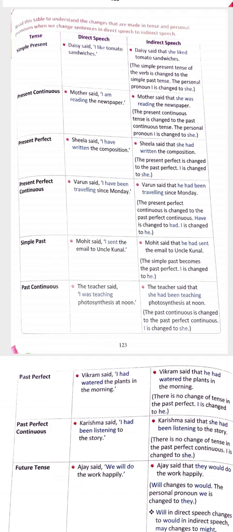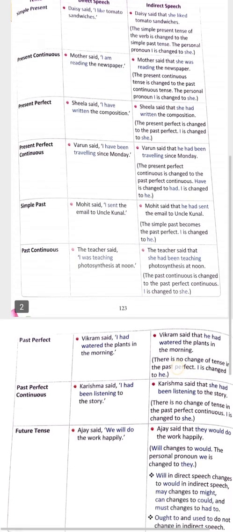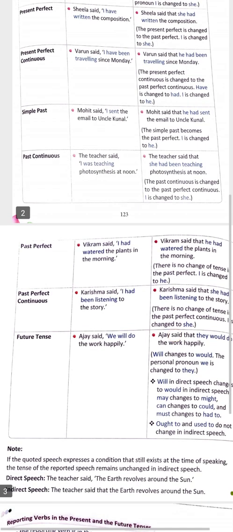Then, same as before, students, you have to follow the present perfect, as there is a sentence. Okay, in a second you can see the present perfect continuous tense. Then again we will change present perfect continuous into past perfect continuous. Then we have the simple past. If we have V2, then we will change it into past perfect.